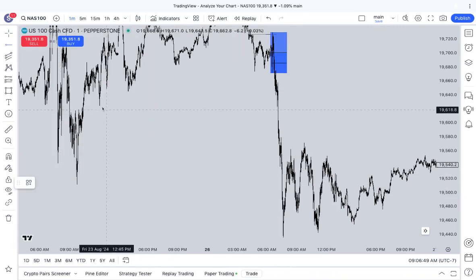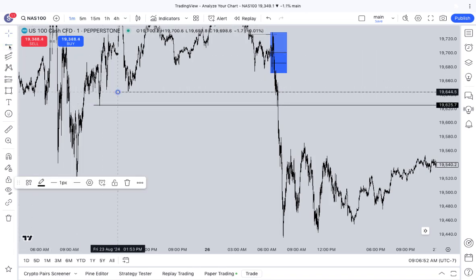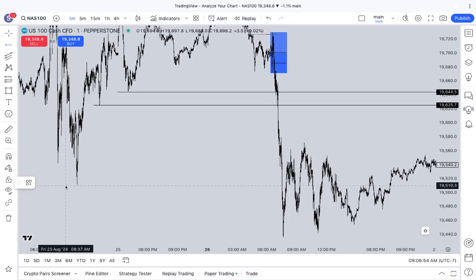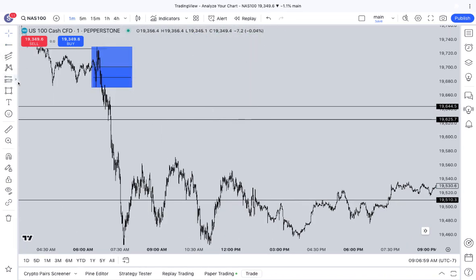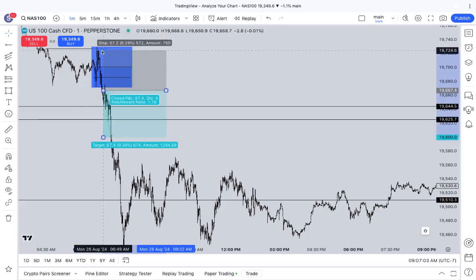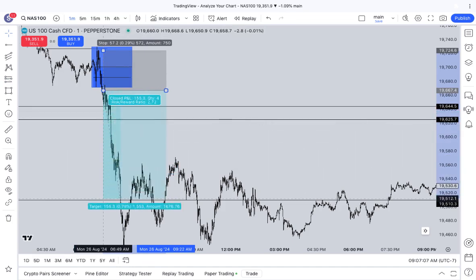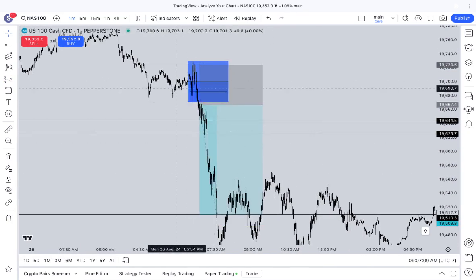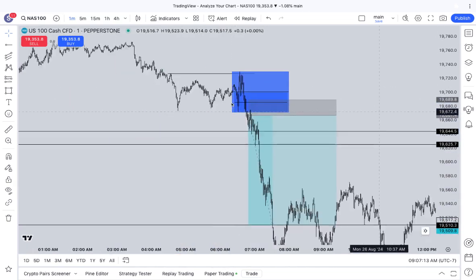You could have easily targeted this even, or this. So even if you did enter just off of this, you would have been able to target either this, or even this way down here, and it stops right above this high right here.